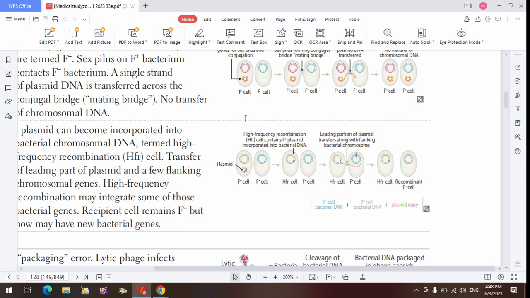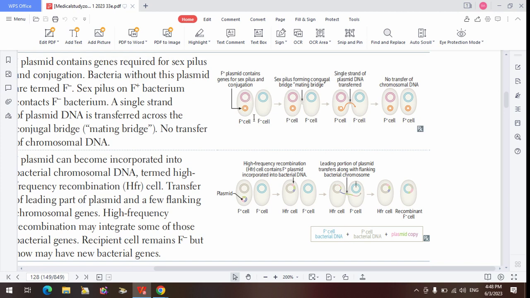If it mates with another F positive cell, that F positive cell will be able to give it some plasmid. So when it has that plasmid, it can now incorporate that plasmid into its own genome, so that it can bring out a section of its own chromosomal DNA to another cell.